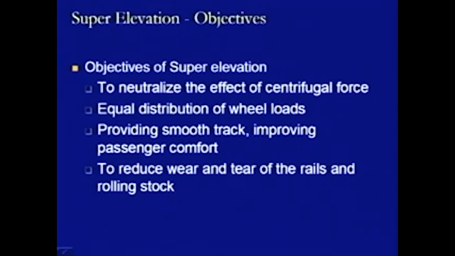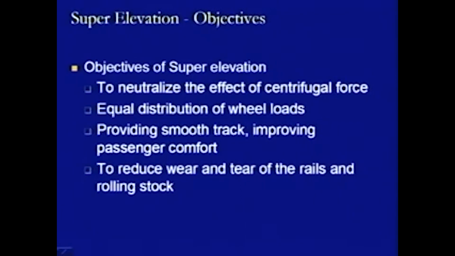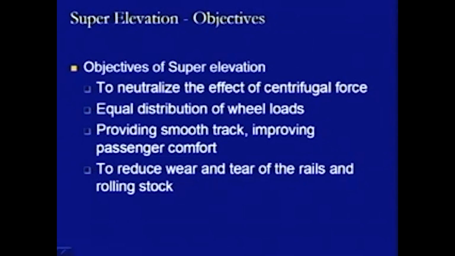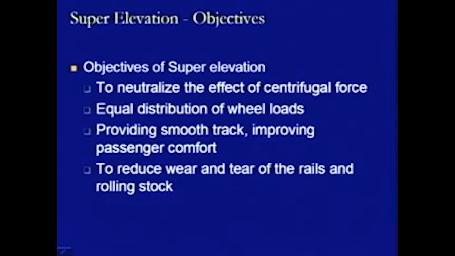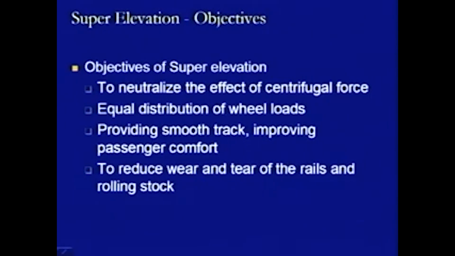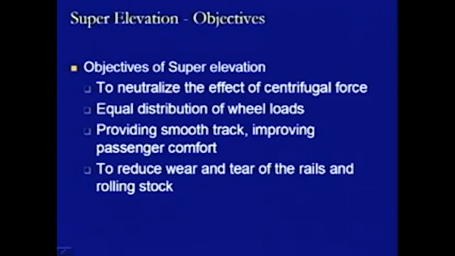If the super elevation is provided, it will nullify the effect of the centrifugal force, and therefore the passenger will not feel any jerk when the rolling stock moves from a straight portion to the curved portion. So, this is another important objective for which the super elevation is provided.